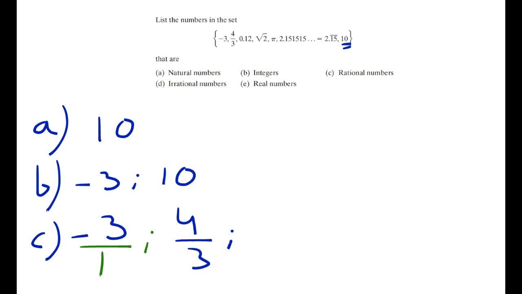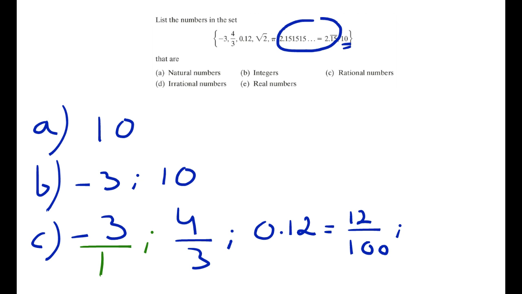We have 0.12. Now again, 0.12 terminates, right? It terminates and can also be written as 12 over 100. Okay? Here we have 2.15.